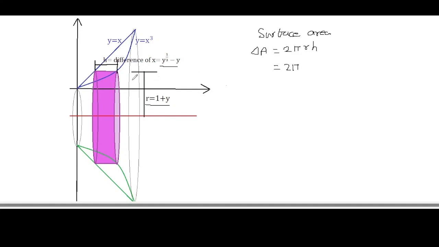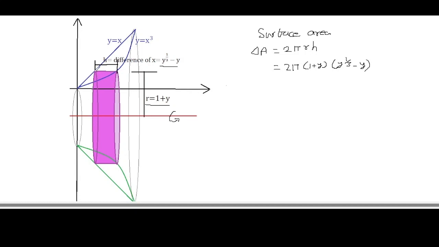Generally we can say when the axis of rotation is parallel to the x-axis in the cylindrical method, the values of r and h have to be in terms of y. So r is 1 plus y, and h is y to the power 1 by 3 minus y. This is the surface area.